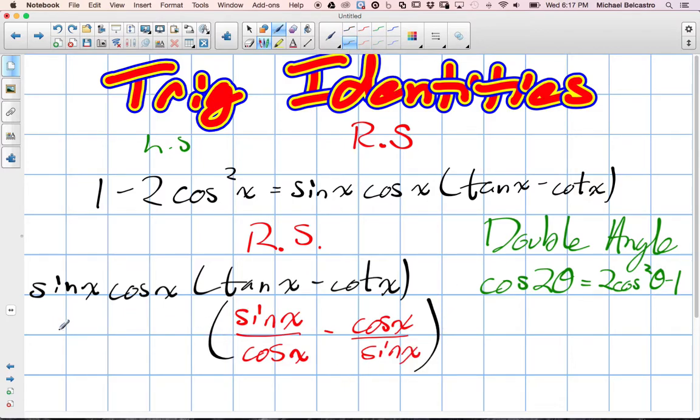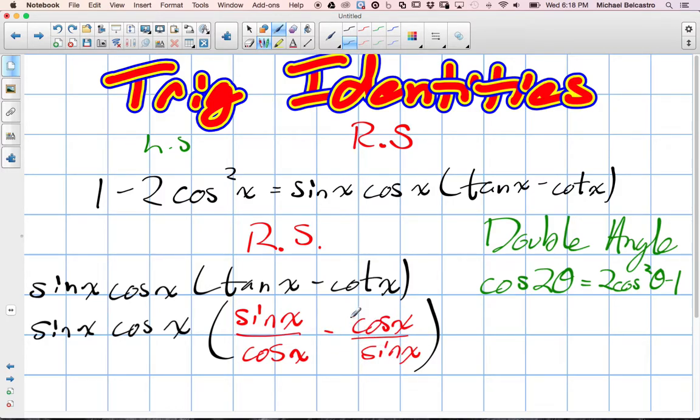On the other part, can we do anything with sine to make it cos? There's no 2, so I don't think so. Okay, so good. So we have sine x, cos x. Now these two here are essentially opposites. We can get a like denominator if we want to combine them into one thing.